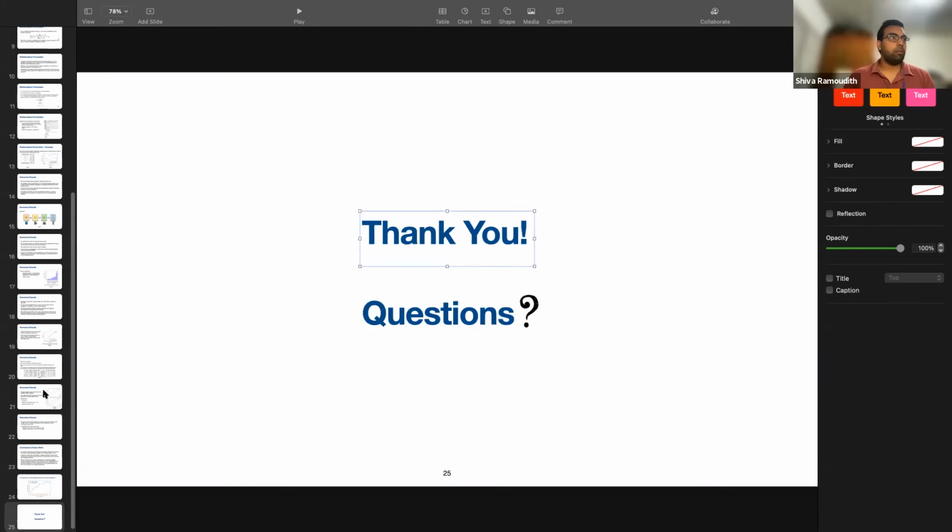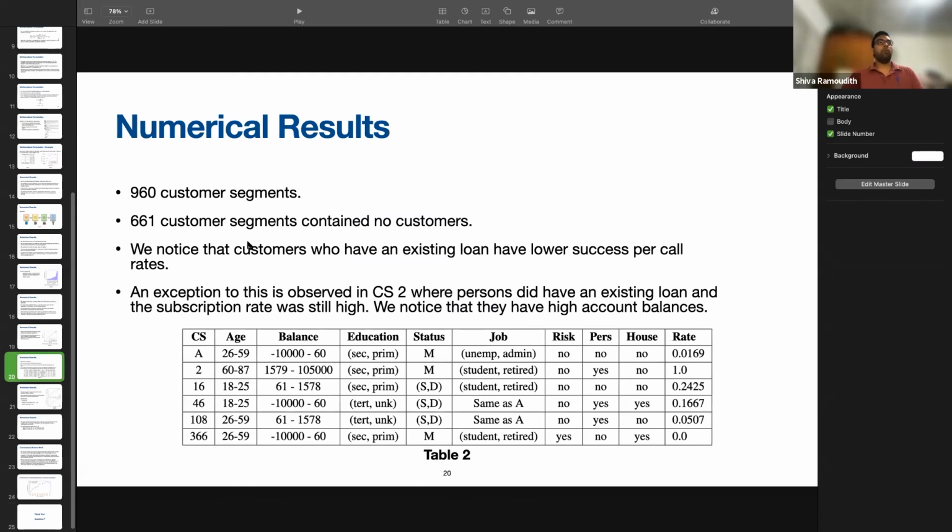I'll reshare these slides. So this was here, more or less, right? Again, the customer segments were formed by all the possible combinations of values across each feature. So let's just say we had 2 features: the marital status of the person as well as their age. Marital status took on, in this case, 2 groupings.